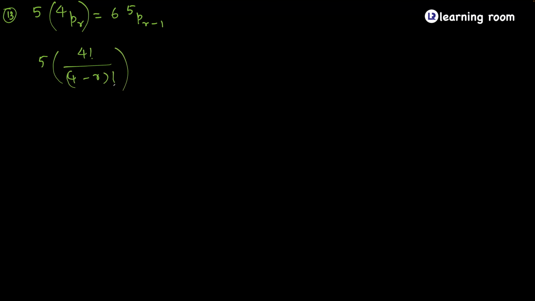Make sense? Is equal to 6 into 5 factorial divided by 5 minus of R minus 1. So it will basically be 6 minus R factorial. Am I right? So it will be 6 minus R factorial.